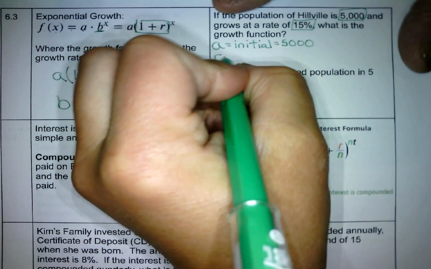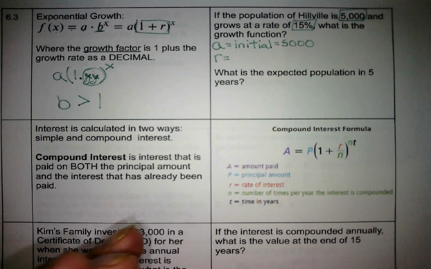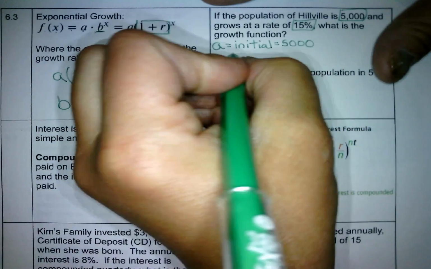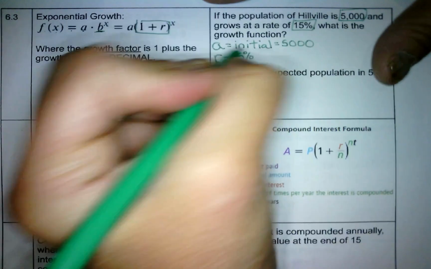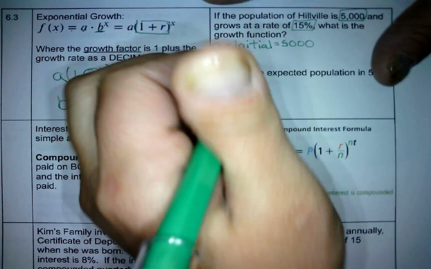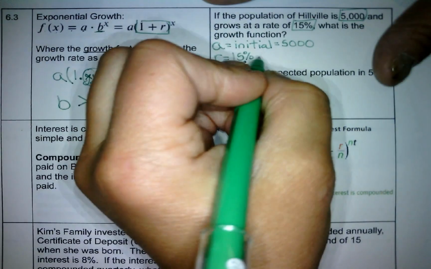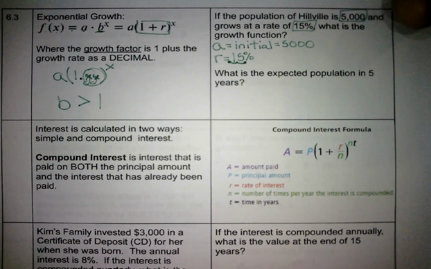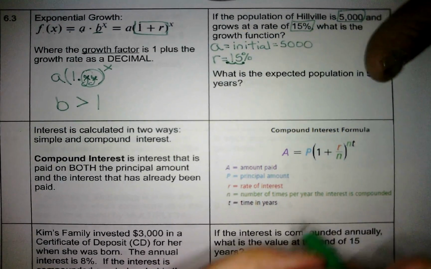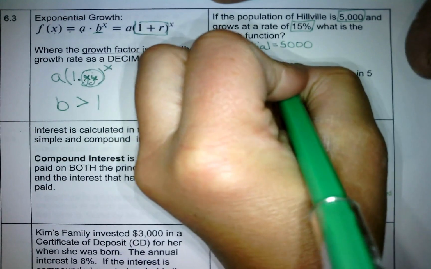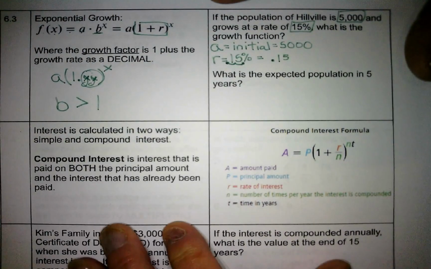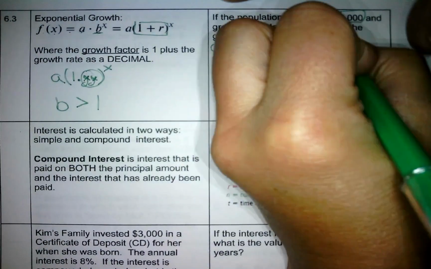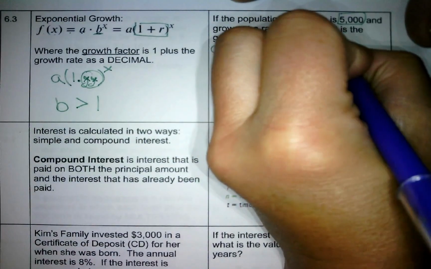My r, or my growth rate, what I have to add to 1, is 15%, but as a decimal. I have to divide by 100. The easier way to do that is just to move that decimal to the left 2 places, so I get 0.15. Now I'll change color so you can see it.